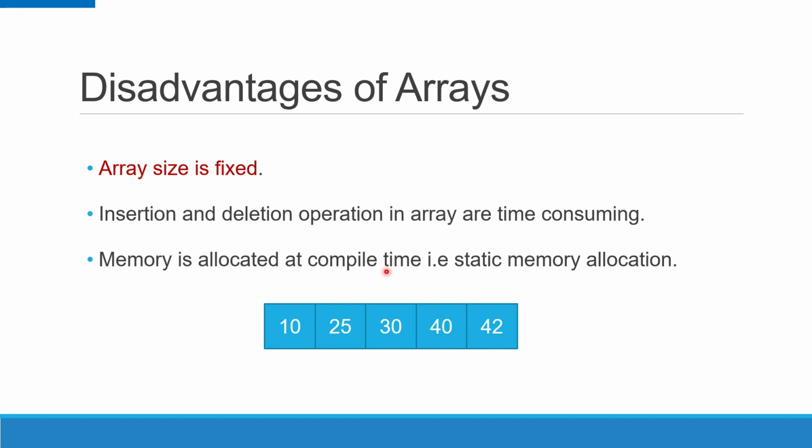That is called compile time memory allocation, or static memory allocation. Static memory allocation is a very important term regarding arrays. Before the program execution, the memory will be allocated, and that is called static memory allocation.